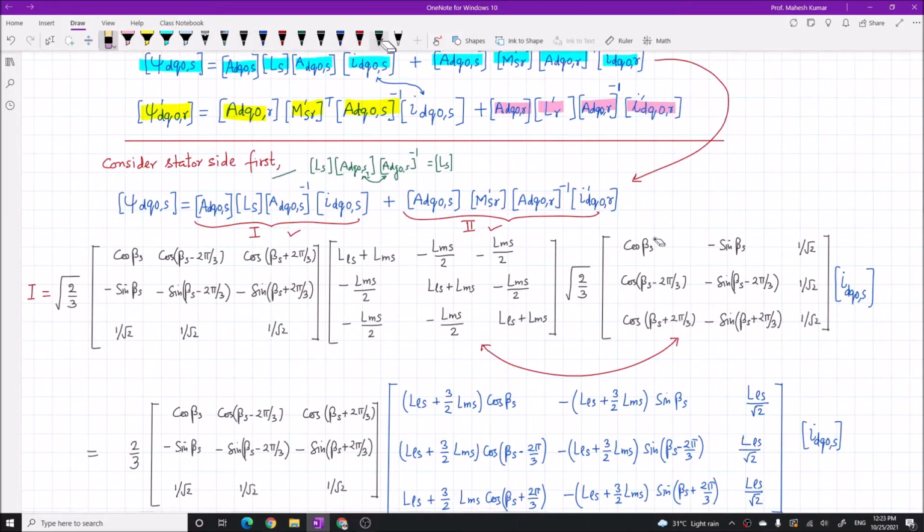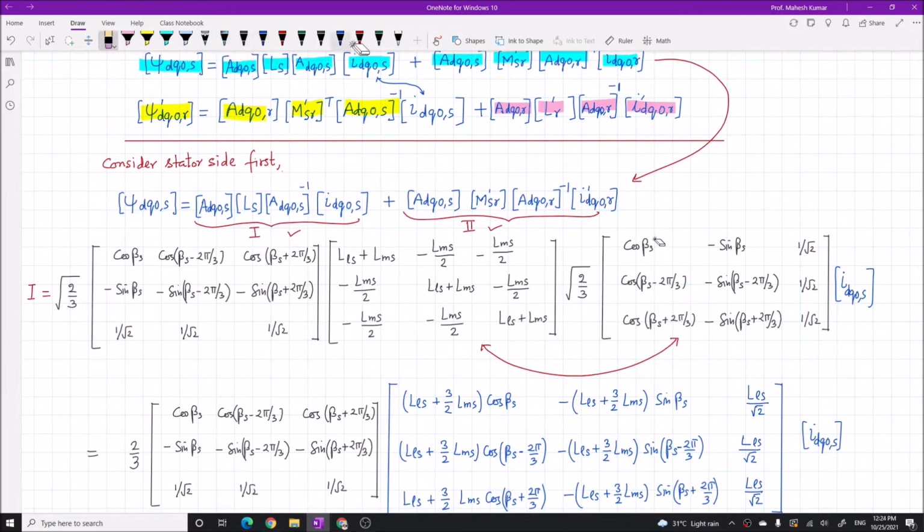So we have to really solve it in the same order. This is not equal to this. Okay. Hence, we have to take each element in the same order.